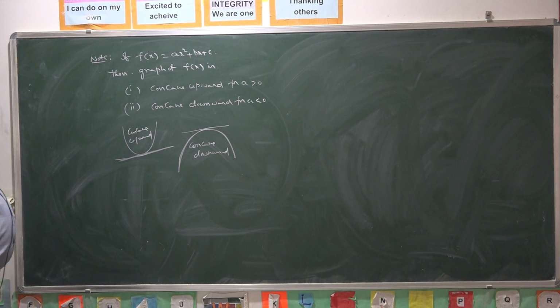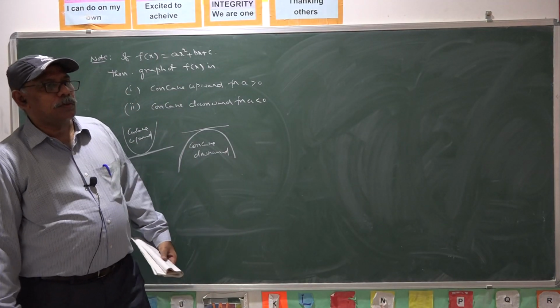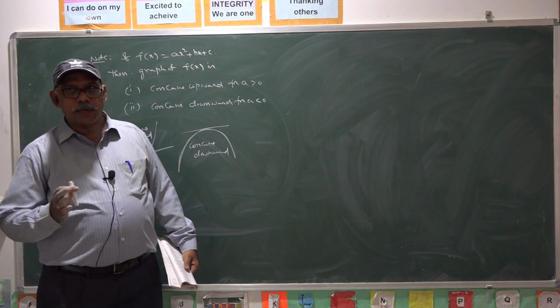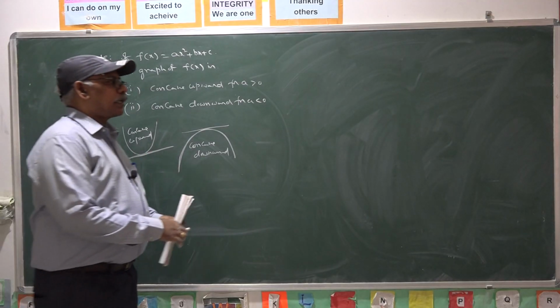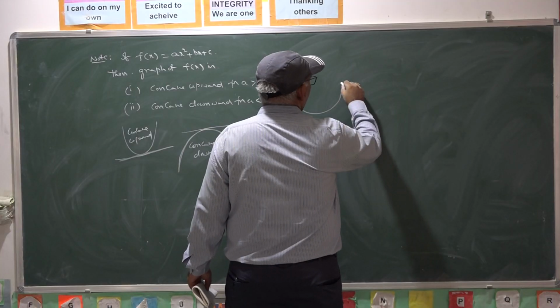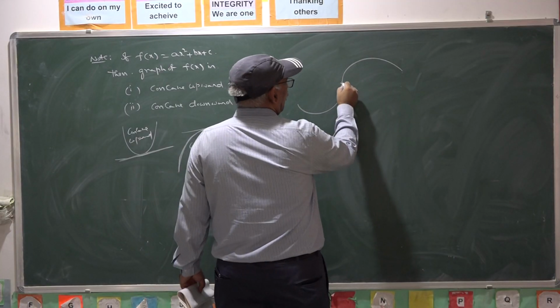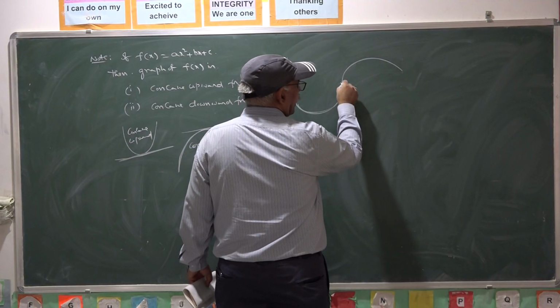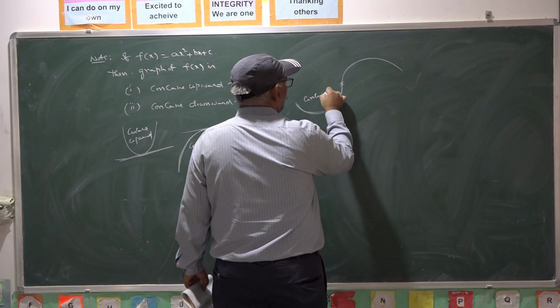Concave upward and concave downward forms. Suppose in certain cases the curve changes its nature from concave upward to concave downward at a certain point. Up to this point, this is concave upward.